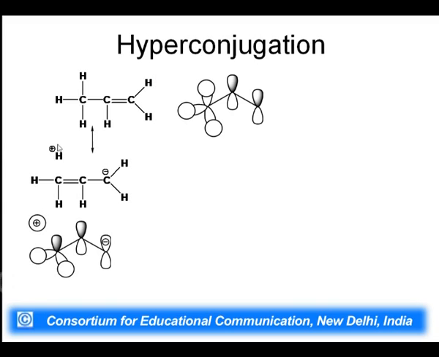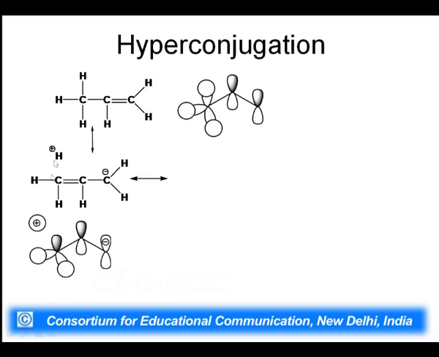So, this H plus is standing outside the molecule, and a double bond character is formed between these two carbons. The single bond has been converted into a C double bond C, and a carbanion type of thing has generated here. This is not exactly what is happening, but it is a hypothetical situation given as hyperconjugation by chemists to explain the fact that more substituted alkenes are more stable. We will go into that quickly.